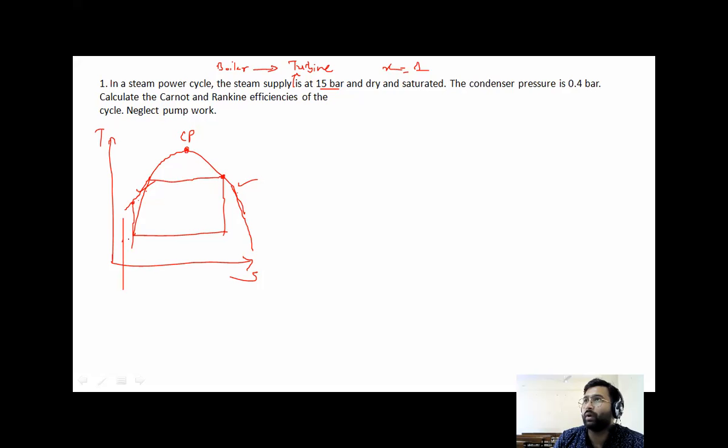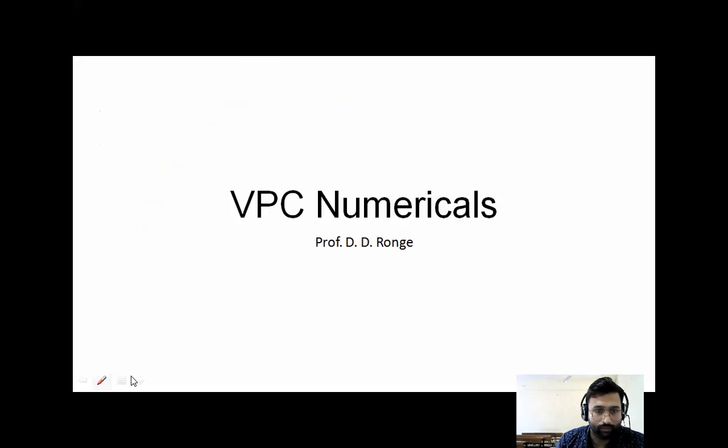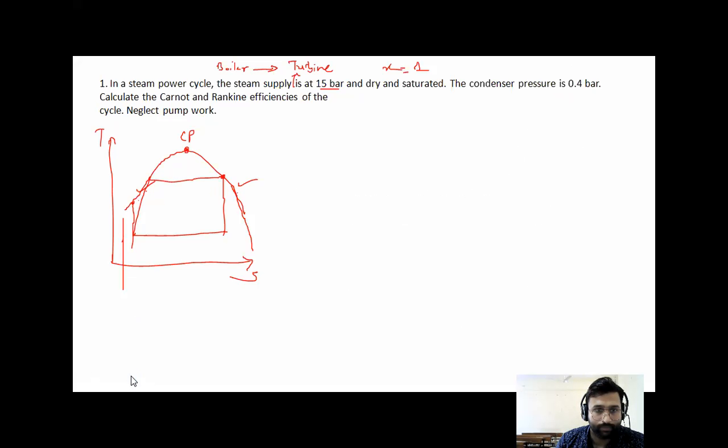So this will be point number 1, this is point number 2. 2 to 3 is heat addition in the boiler, 3 to 4 is expansion in the turbine.